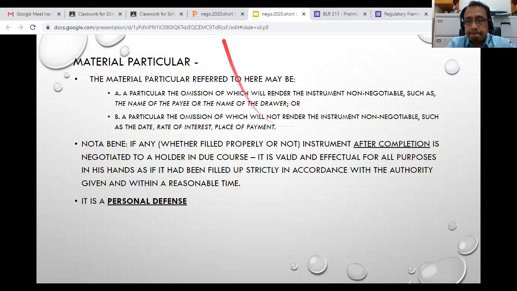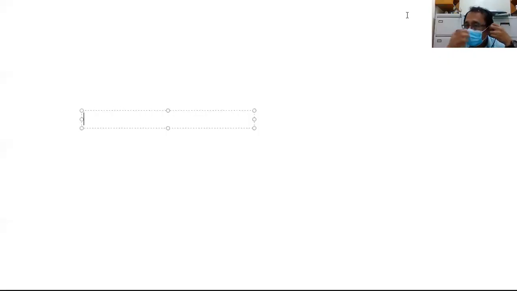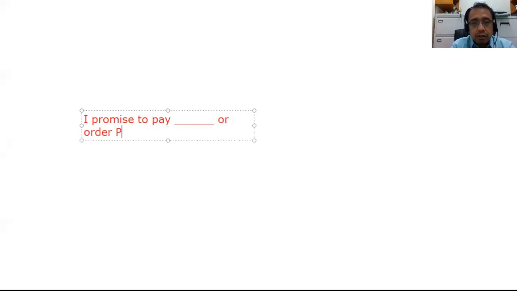Saglit lang. Okay, so let's provide an example of an instrument which is wanting in a material particular and it is already considered non-negotiable. I promise to pay blank or order 1 million or order and then even blank amount.